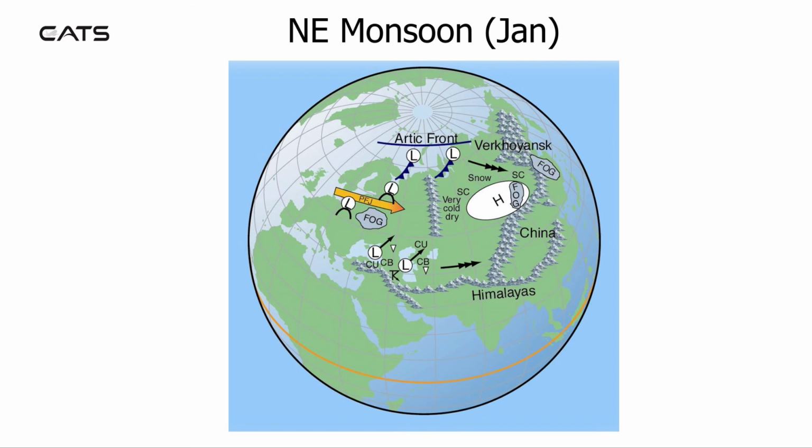Most of India is protected from the northeast monsoon. However, the moisture picked up over the sea of Japan can produce a low-level fog near Hong Kong.